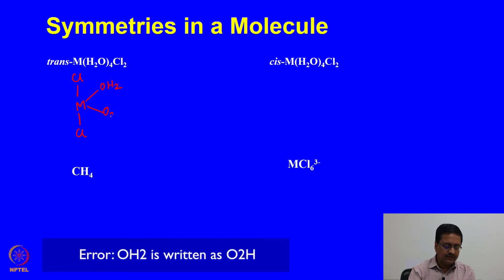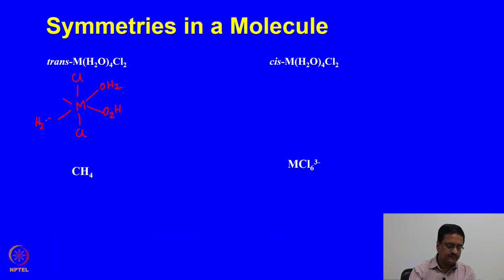You may be wondering why I am writing the water molecule as OH2 on one side and as H2O on the other. It is a convention to identify that the bond is through oxygen. This is the trans M(H2O)4Cl2, and the corresponding cis we should write here.